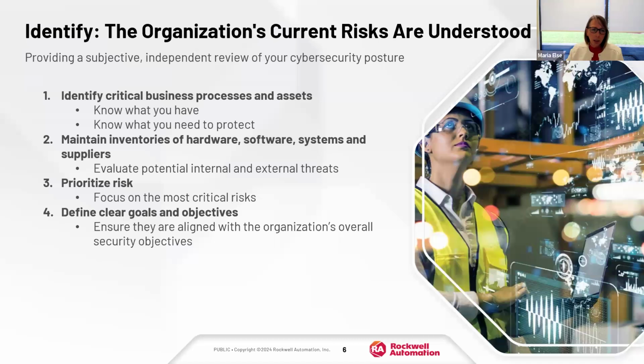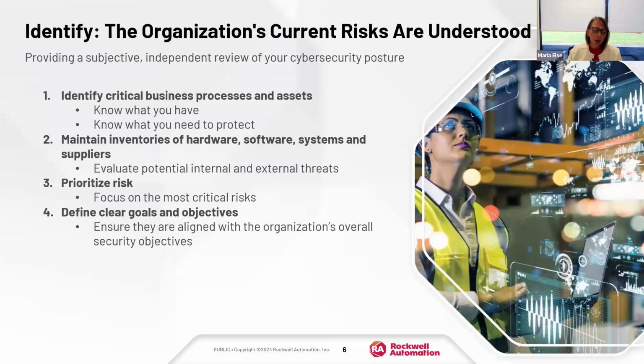Looking at risk and knowing what your most critical risks and assets are is an important part of the identify pillar. And knowing potentially how external threats can affect your most critical assets. So being able to establish what are my crown jewels, what are my most critical assets, and have a plan around how they're going to be protected and maintained.